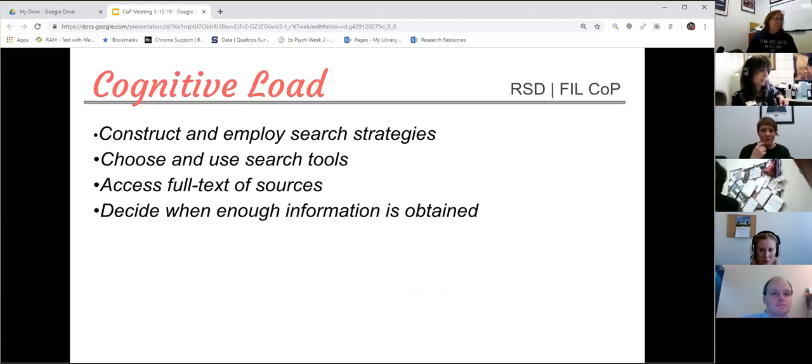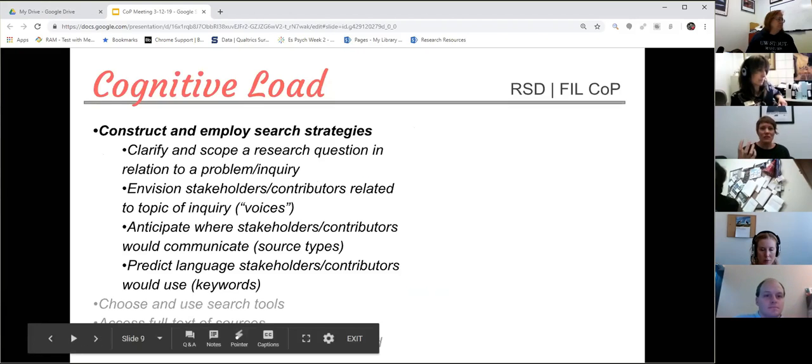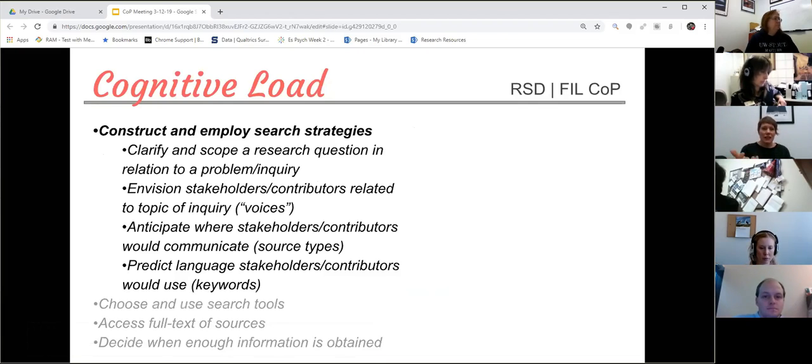Well, if you flip to the next slide, Sylvia, each one of these tasks that we often just hand to students has a pretty robust set of cognitive and dispositional tasks underneath it. So to be able to construct and employ search strategies, you have to be able to clarify and scope a research question in relation to a problem or a question.